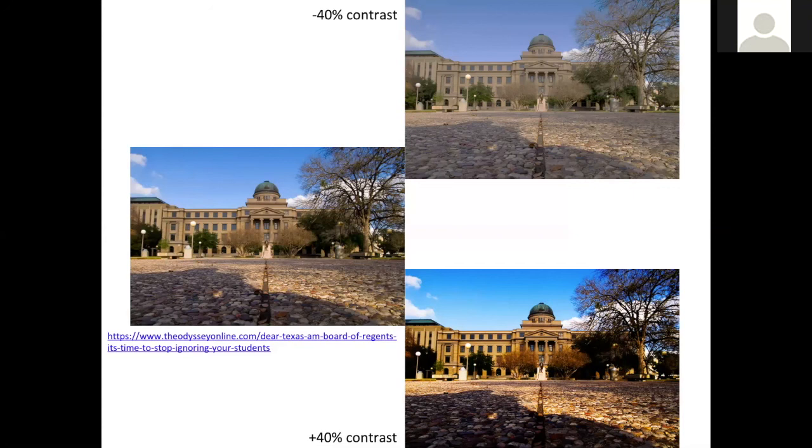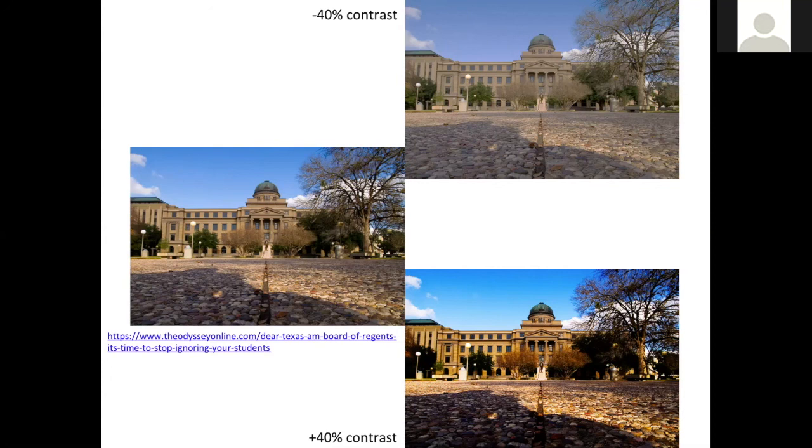Then let's look at a few examples. Look at the shadow. With minus 40% contrast, the shadow is blending into the background. So you're hiding information. If there is information you do not want to show, either on purpose or not, you can reduce the contrast. If you want to highlight certain information, you increase the contrast.